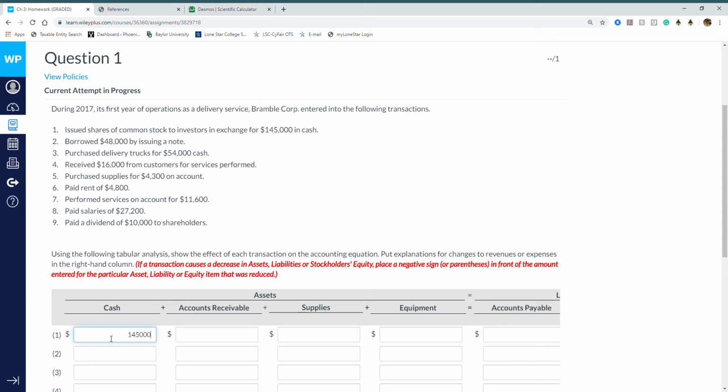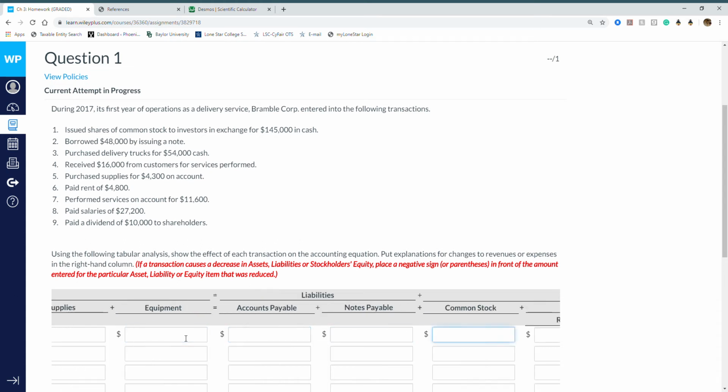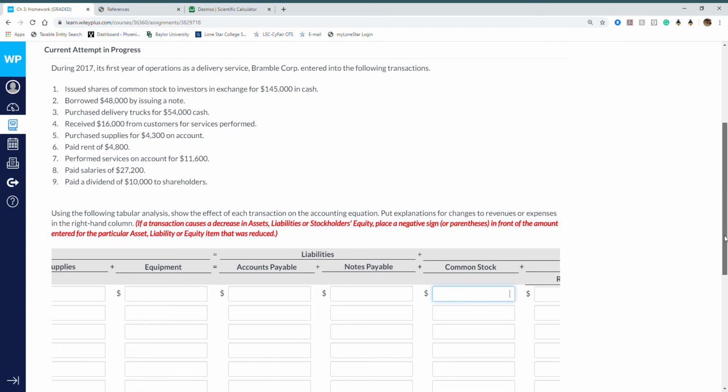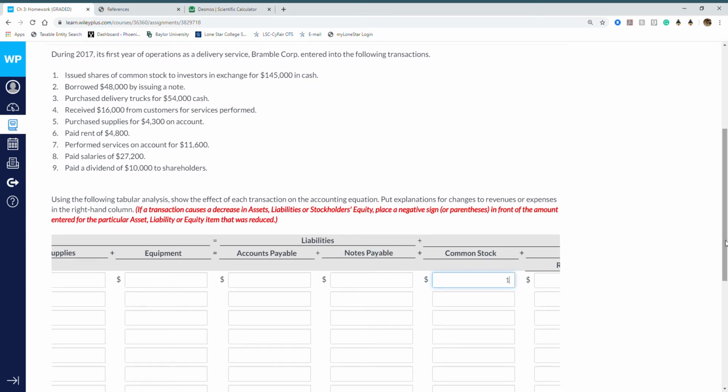So we're going to increase that one. And then we go find common stock, and common stock also will increase. This is due to the obligation or the financing of our investors. So it's an obligation to pay our investors back for the money they spent on us, or just showing how much the investors own of our assets.